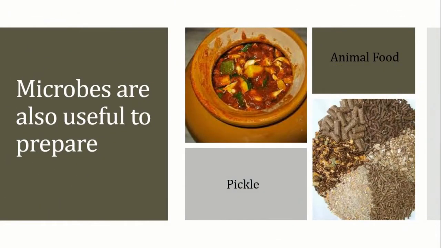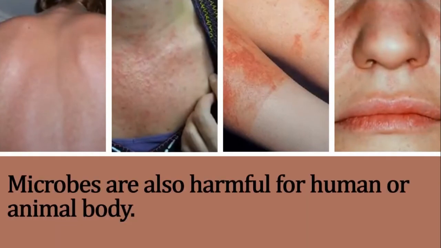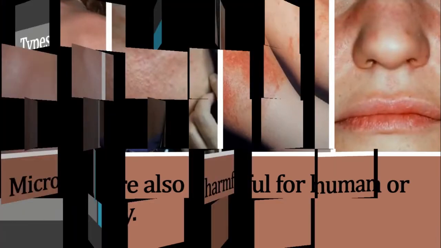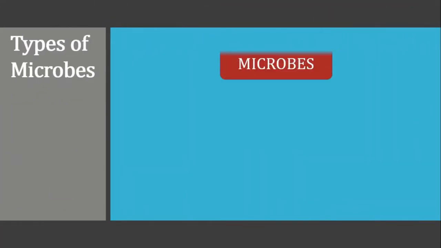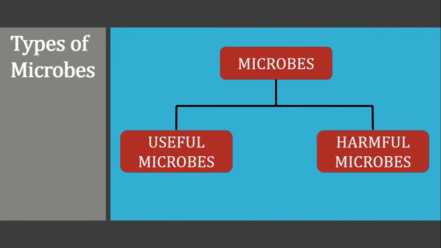Microbes are also useful to prepare pickle and animal food. Microbes are also harmful for human or animal body. Students, there are two types of microbes, useful microbes and harmful microbes.